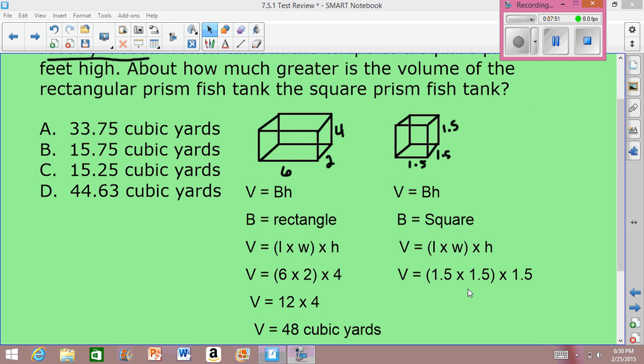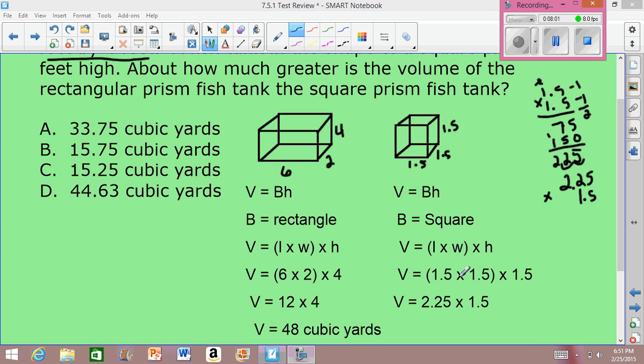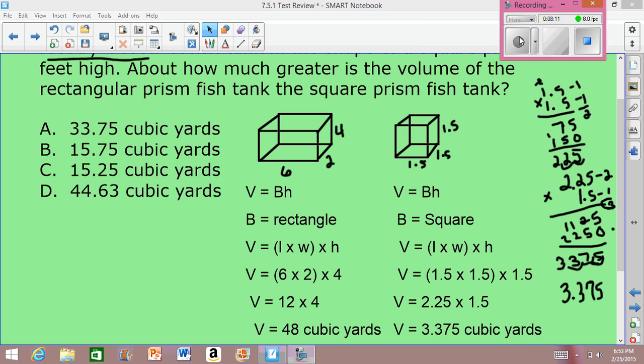So when I replace the numbers, length times width times height, I have 1.5 times 1.5 times 1.5. A lot of 1.5s there. So when I multiply 1.5 times 1.5, I end up with 2.25, and you can see my work right here. Then I'm going to take 2.25 and multiply that by 1.5. All right, so when I finish that multiplication, and you can see my work here on the right, I end up with 3.375 cubic yards.